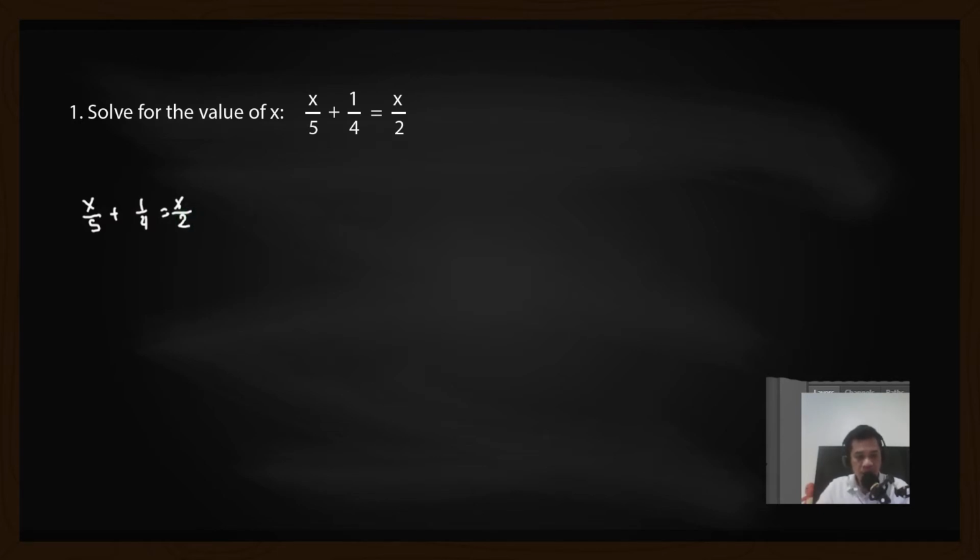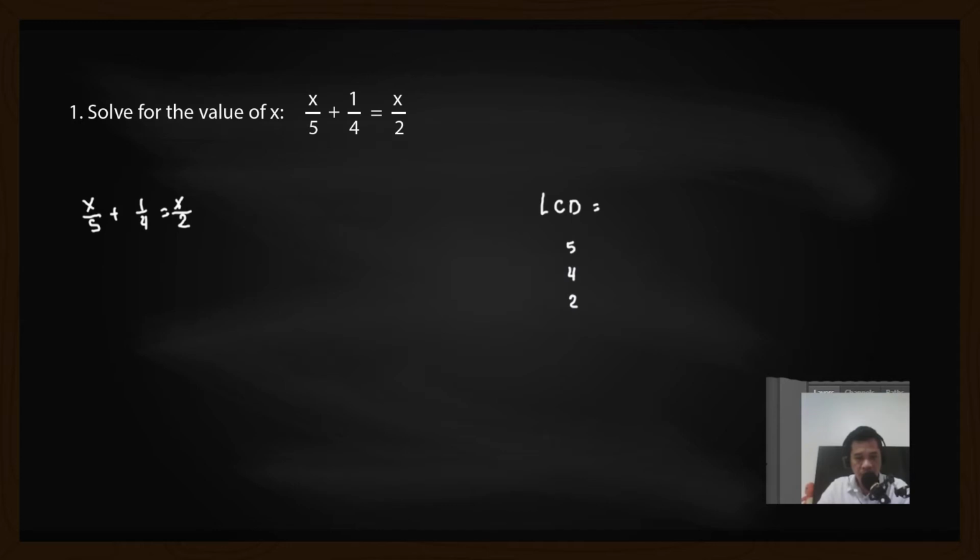So to solve this rational equation, we need to transform this one into non-fractional form. So the first thing we're going to do is we're going to find the LCD, or the least common denominator. So in our given, our denominators are 5, 4, and 2.